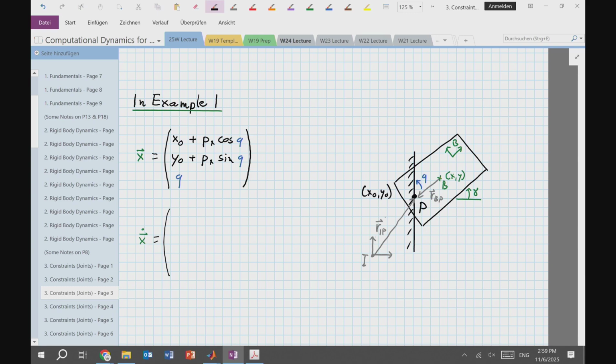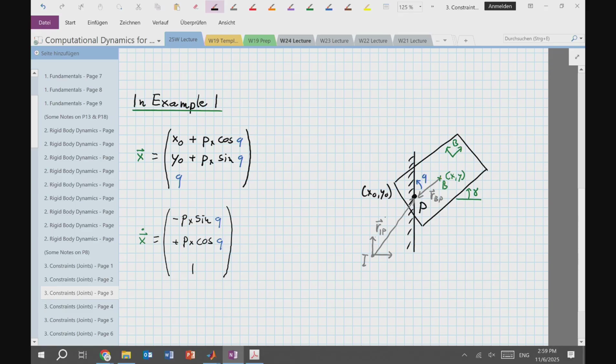So x naught against q is 0. p_x cosine q against q is minus p_x sine of q. Here I get plus p_x cosine of q. And then q against q would give me 1.